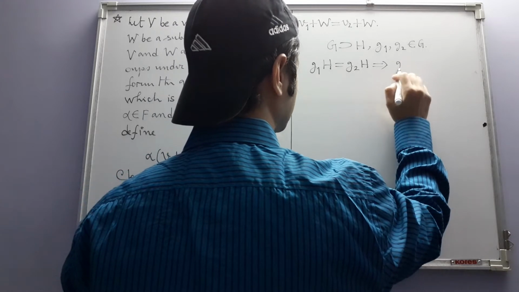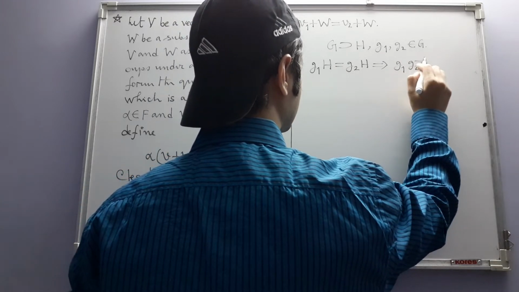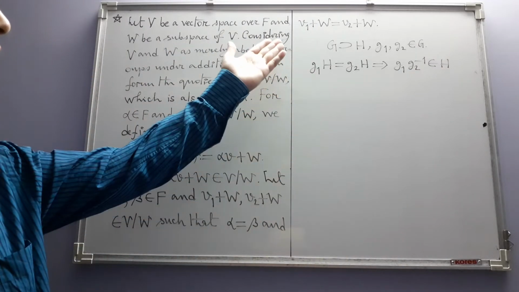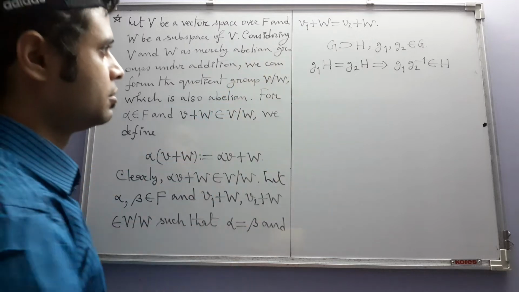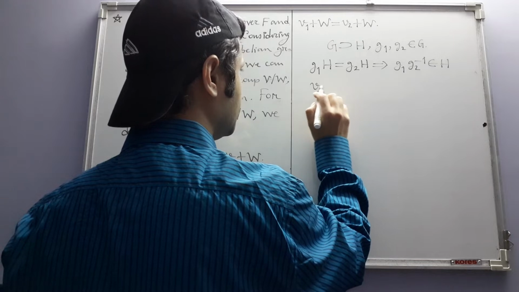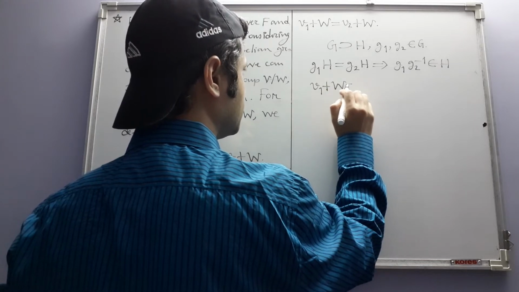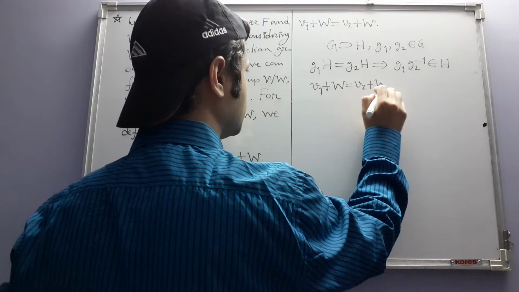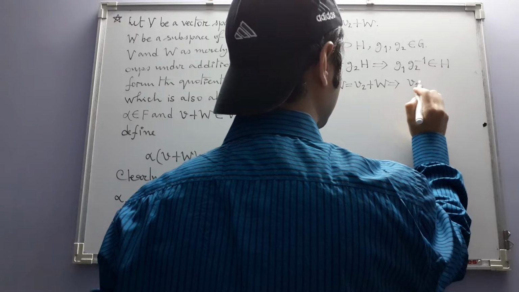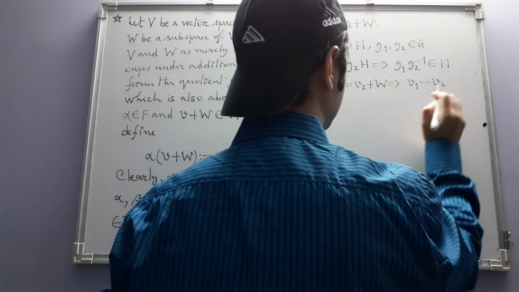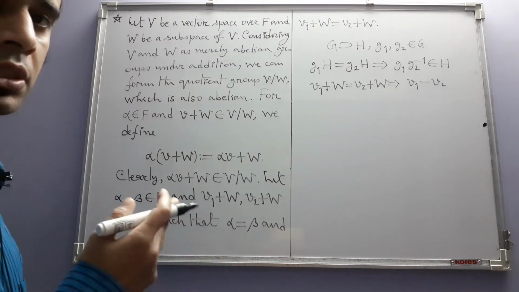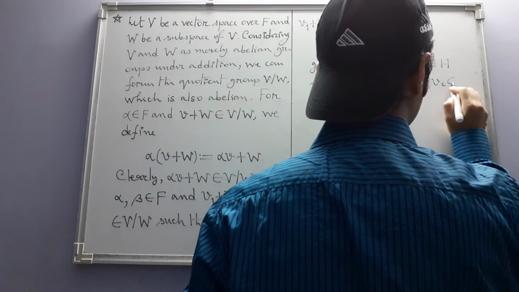That implies g1 g2 inverse belongs to H. Now here our operation is addition, so in place of g1 g2 inverse we will write, so here we have v1 plus W equal to v2 plus W. So in place of v1 v2 inverse we will have v1 minus v2, which is just v1 plus the inverse of v2, which is minus v2. This belongs to W.